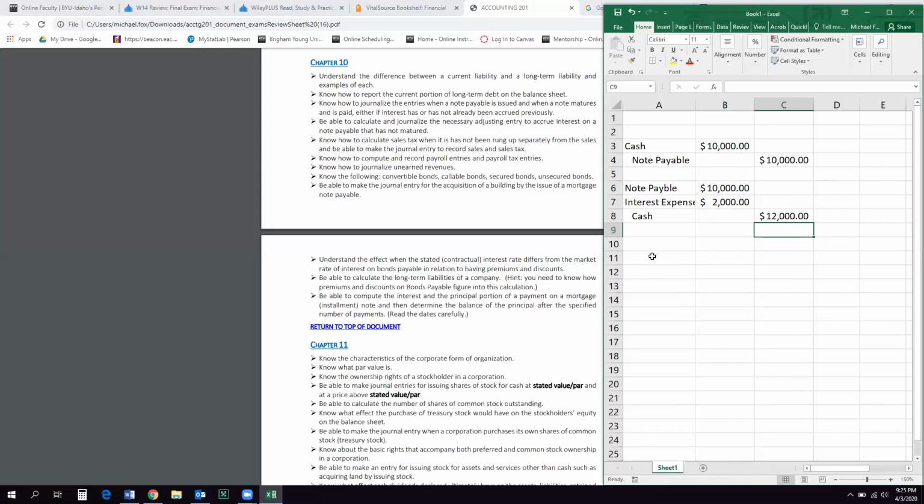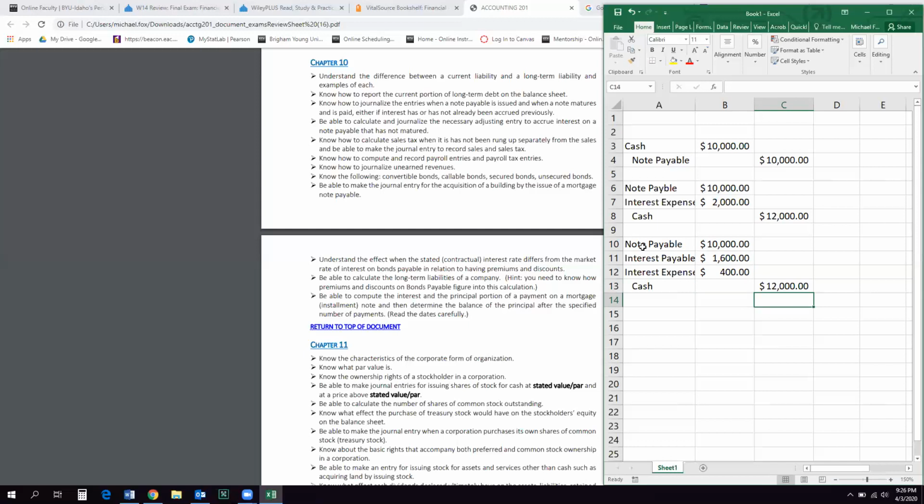Then when we actually paid it off, we'd deal with the interest payable from the adjusting entry, and then any interest expense that occurred during the current year, and then cash. So I'm skipping the adjusting entry, showing you what you would do at maturity if there had been an adjusting entry.